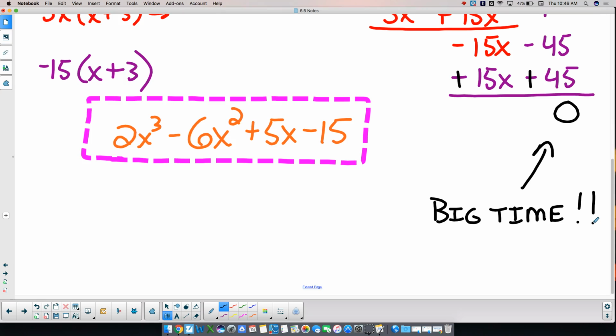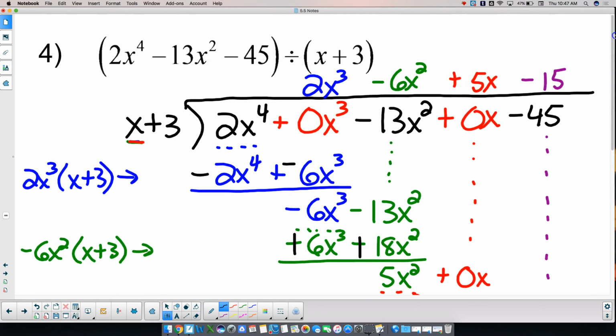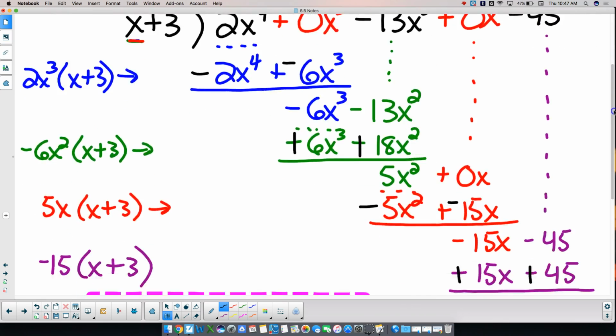So what goes in evenly? The x plus 3 divides in evenly into that one, right? Which makes x plus 3 a factor.